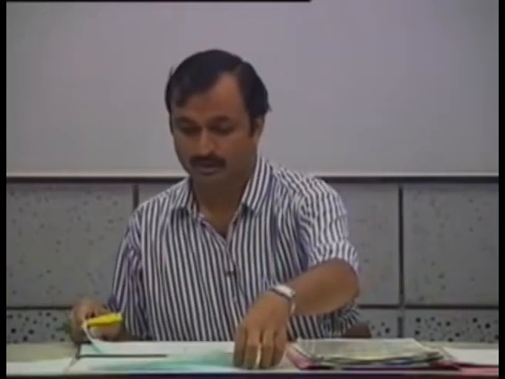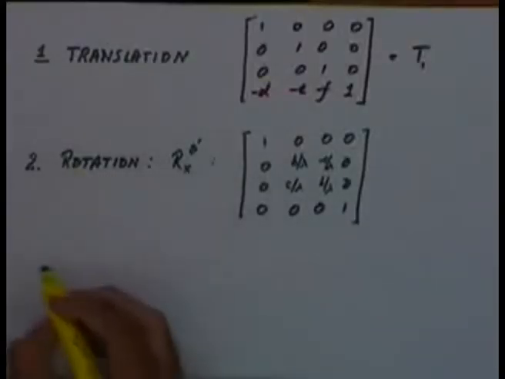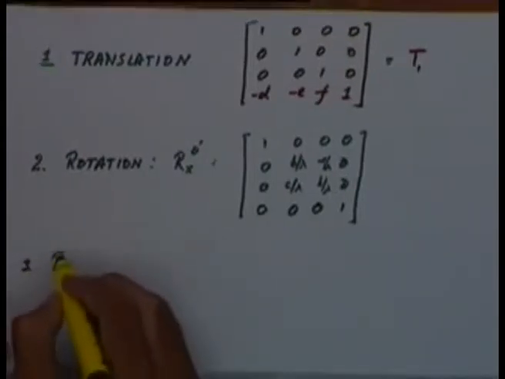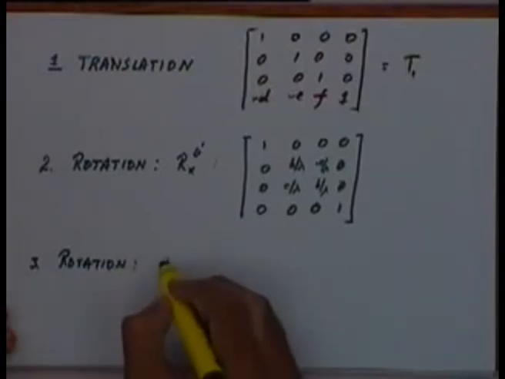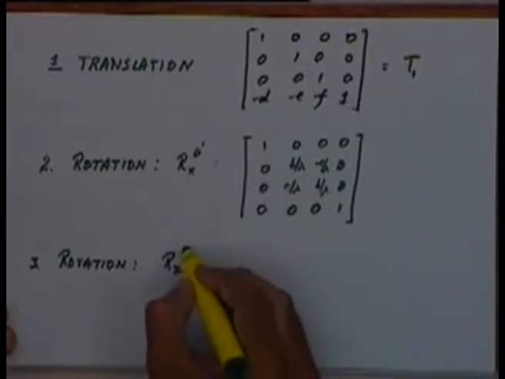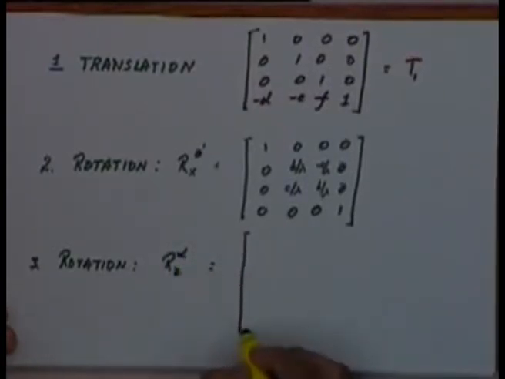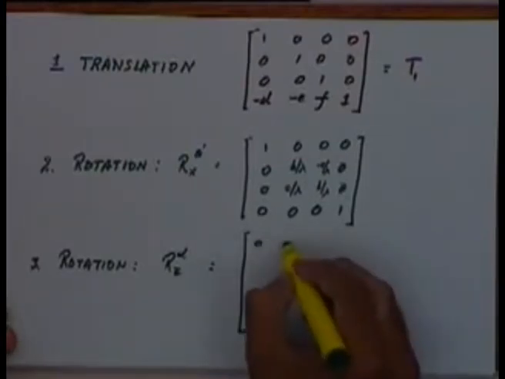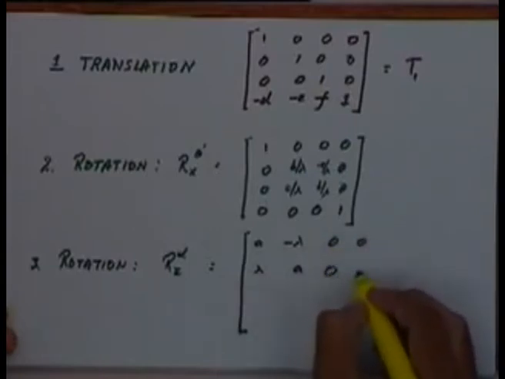So after this second step, a third step will also be a rotation, which is rotation about the z axis, let us say by an angle of alpha, such that the transformation matrix would be a minus lambda, lambda a 0 0.